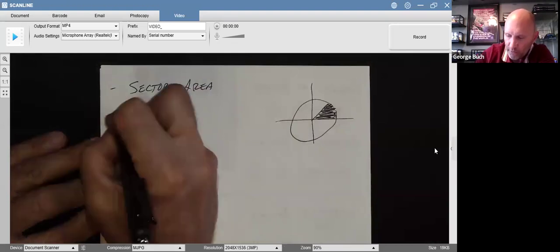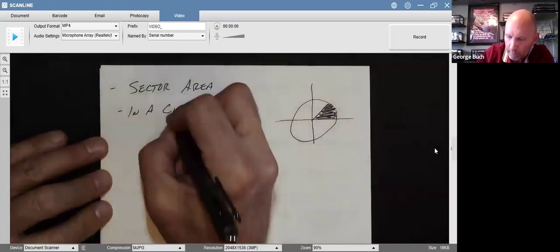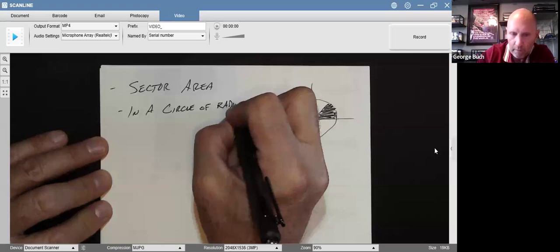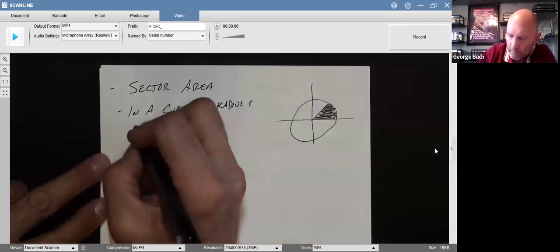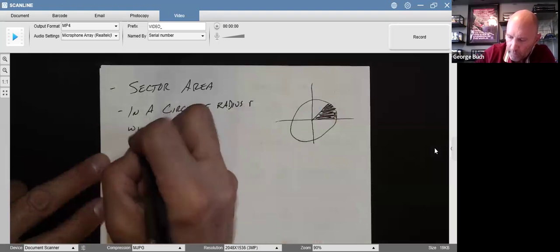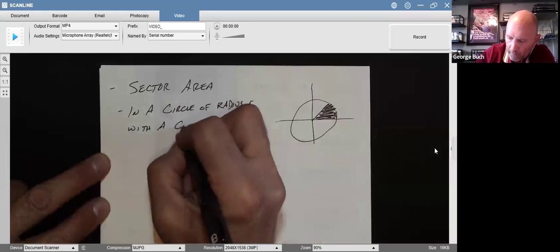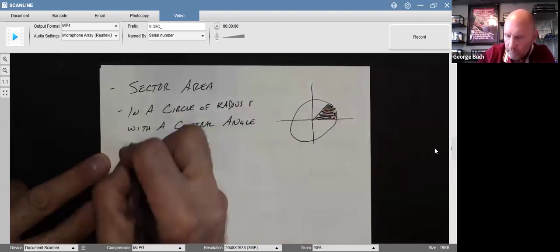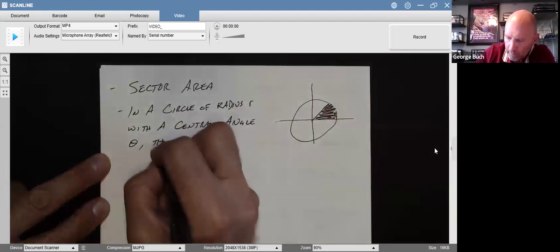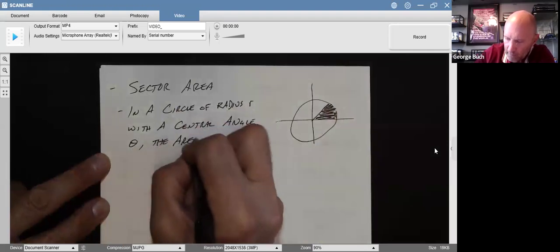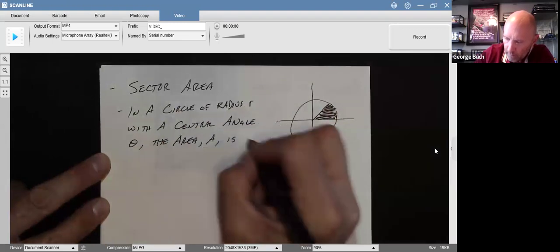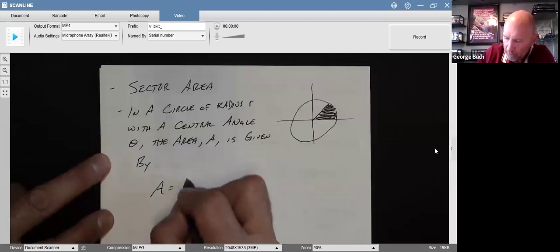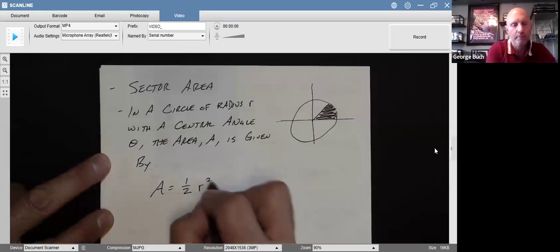In a circle of radius r, with a central angle, that's the angle on the inside here, theta, the area A is given by the following formula. A equals 1/2 r squared theta.